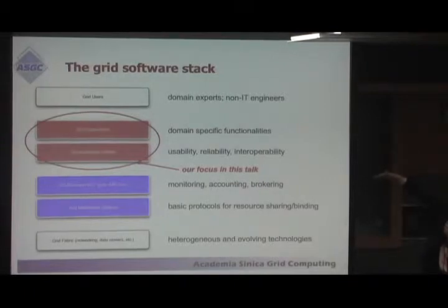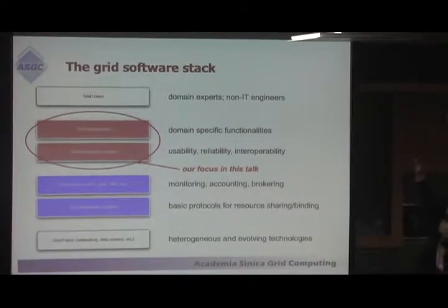Actually there is something extra between the application and the high-level services, which is the grid application utilities. Because the application users are not IT engineers, we have to provide something which is easy to use and hides all the complexities to access all these resources or to use all these high-level services.